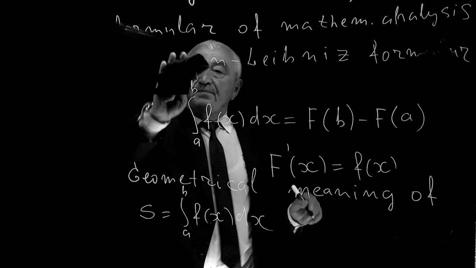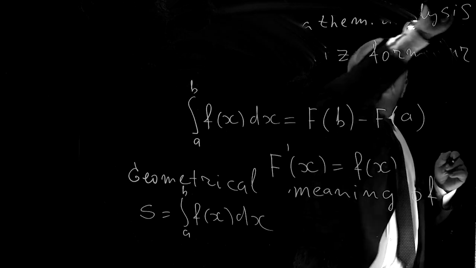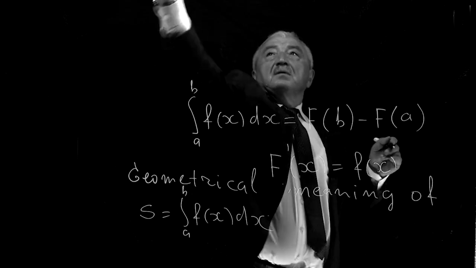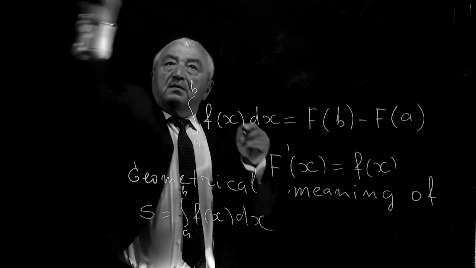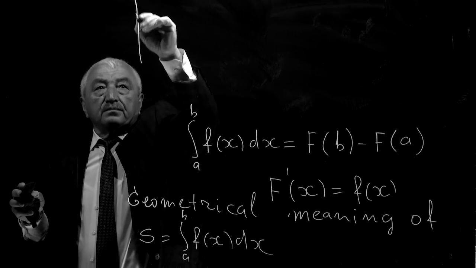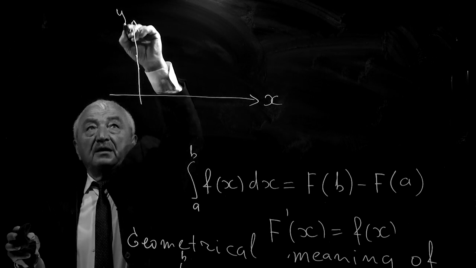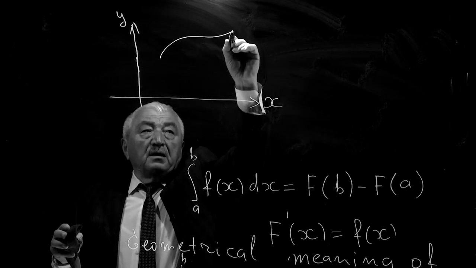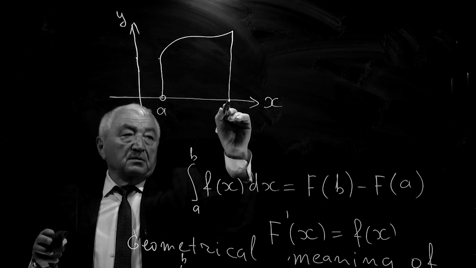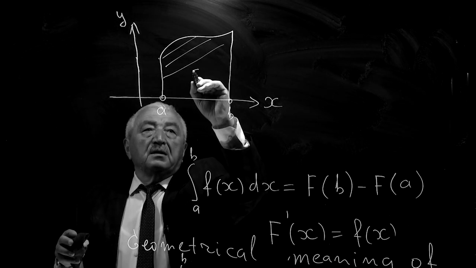S is the area of a figure bounded by the lines y is equal to 0. We have function y as a function of x, and what is S? This point A, the second point B, and this area S.